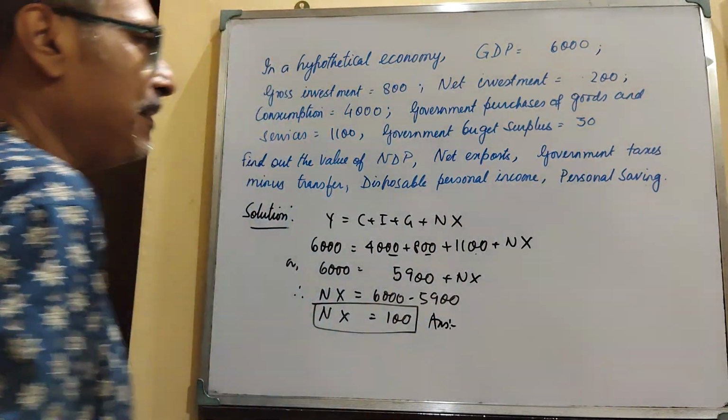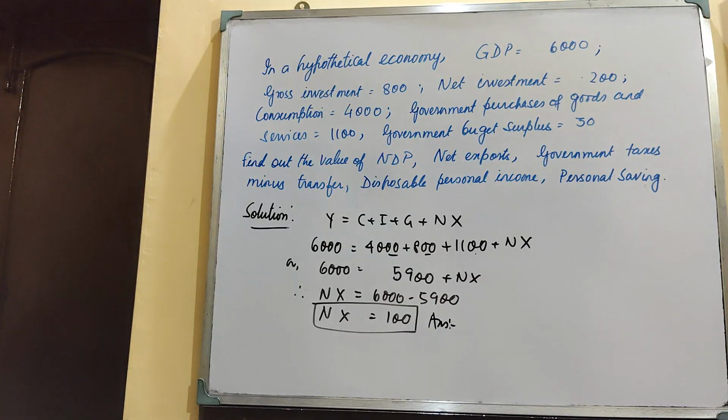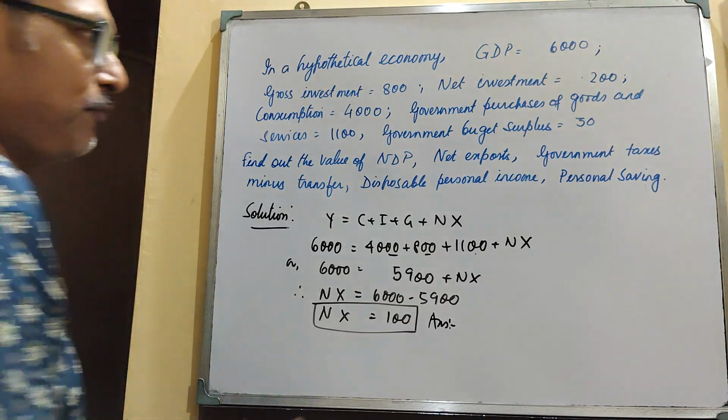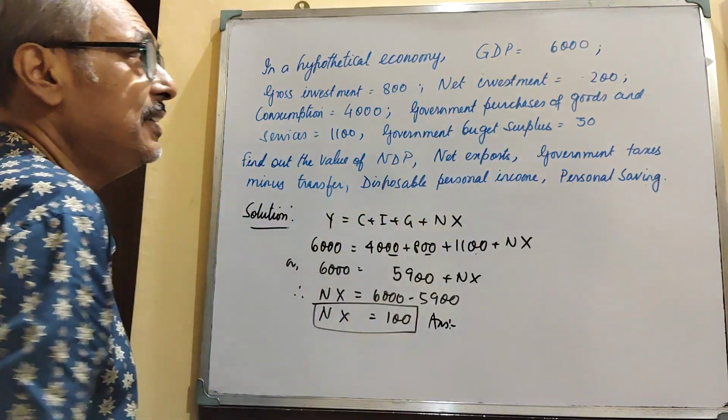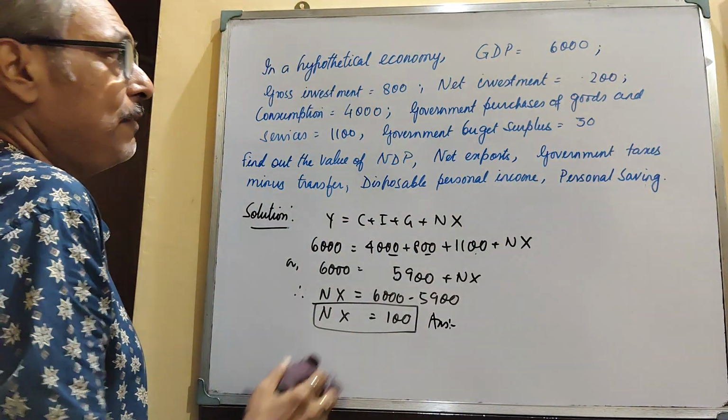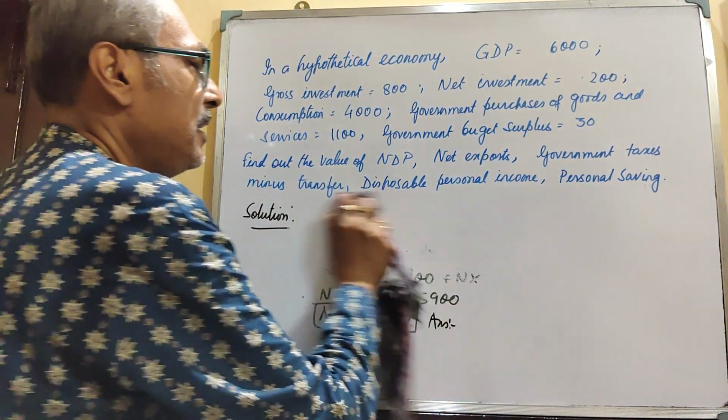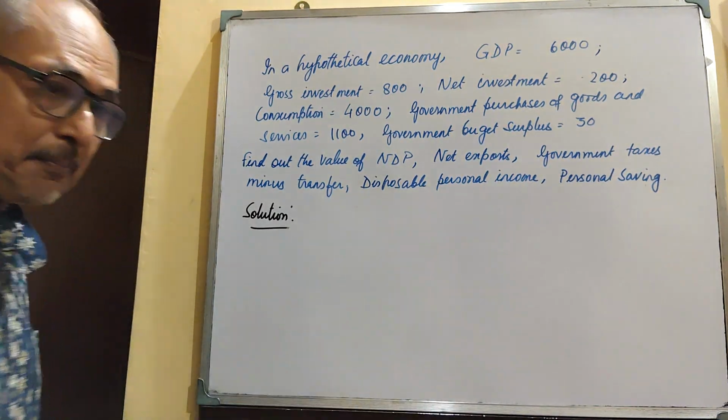Now we calculate government taxes minus transfer. For this we use the concept of budget surplus and the government purchase of goods and services. Now what is budget surplus?